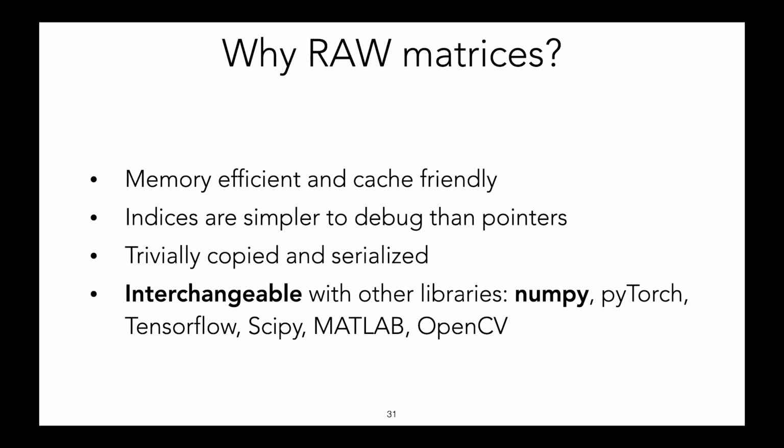This allows the libraries that you saw, like libigl and PolyFEM and wild meshing, to be directly usable in an application written in PyTorch and directly exchange data with it, because all the data is represented in NumPy format. Or similarly with TensorFlow, or if you want to use some function in SciPy, or even externally to Python, you can save it to a file and load it back in MATLAB or do some processing with OpenCV.